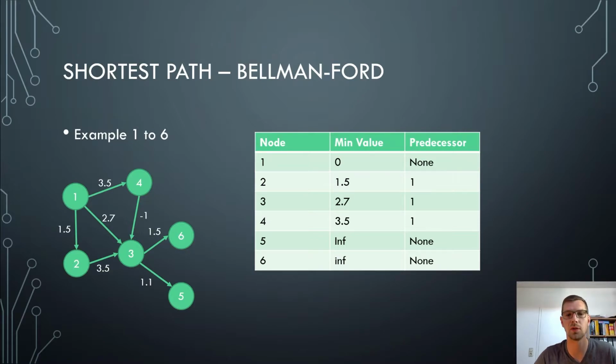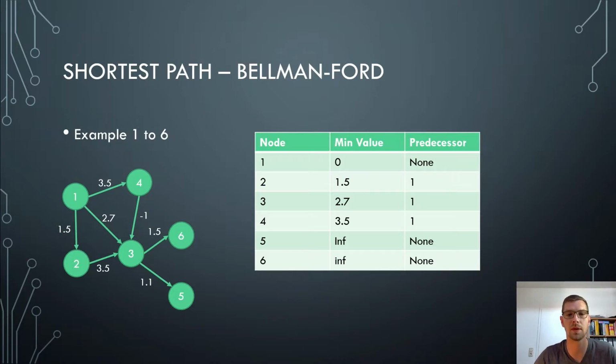So now we keep going with 2. The 2 has one outgoing edge, with weight 3.5 to the 3, but the value of 2 is already 1.5, plus 3.5, which is the value of the edge from node 2 to node 3, is 5, and 5 is greater than 2.7, so we don't change anything there.